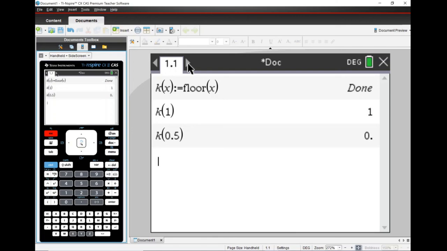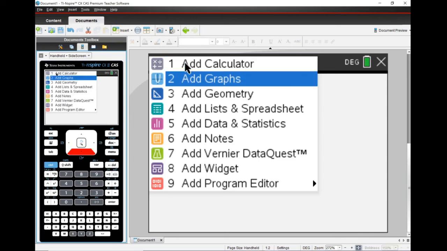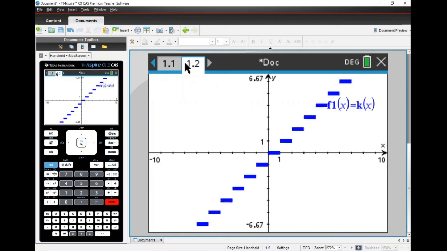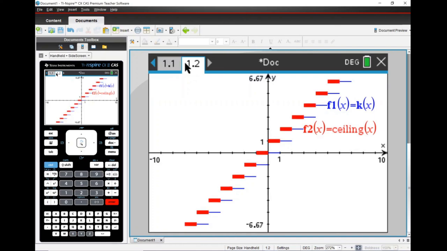I feel like I'm getting out of practice with this thing. Okay, so I want to add a new page, and I want that to be a graph. And so I'm going to say in here, I had defined k of x, and there it is. Boom, that's my floor function. Or you could just straight up type in floor, or for that matter, ceiling. That function also exists.